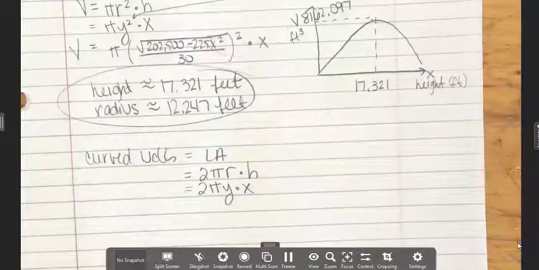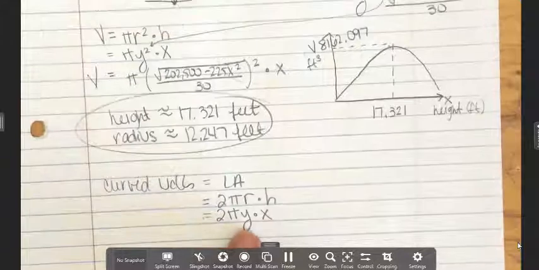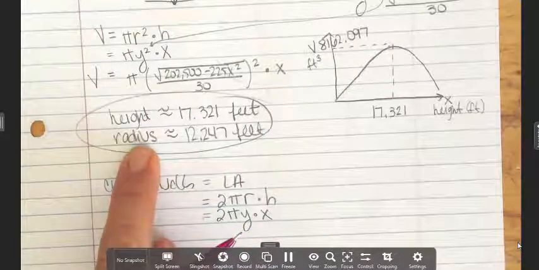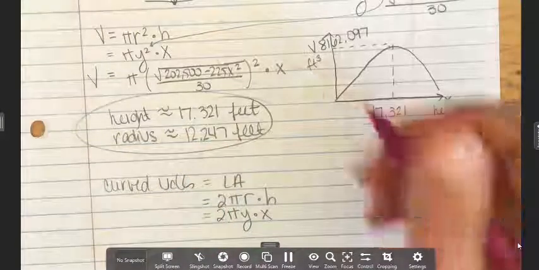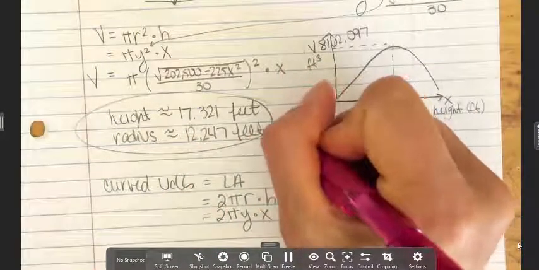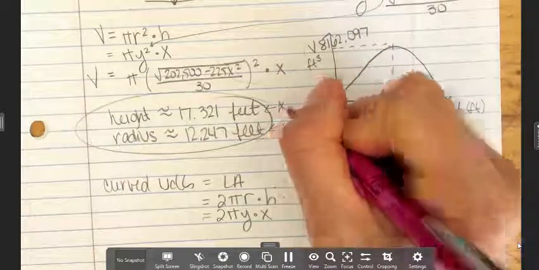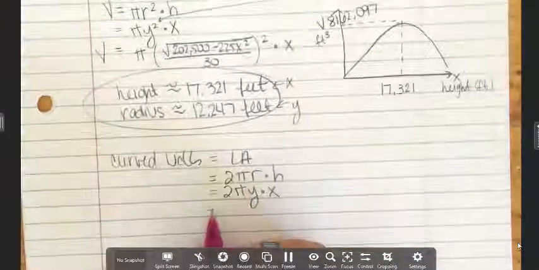Okay, and we came up with some values for each of these. So let's see here. Our radius was really 12.247. So this right here is going to be our y. And our height was really our x. So we just plug those numbers in.